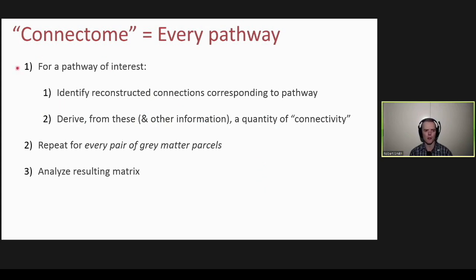So what we have here is this sub-experiment where we are identifying or reconstructing a specific pathway of interest. We're going to derive from that reconstruction some quantity of connectivity. And then the process of connectome construction is simply repeating that process for every single possible pair of grey matter regions.